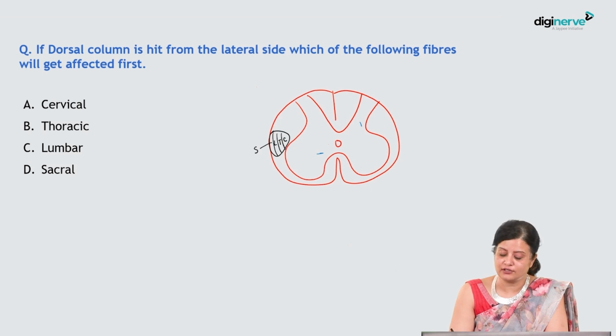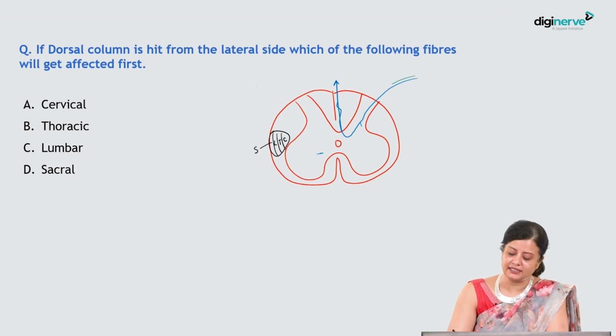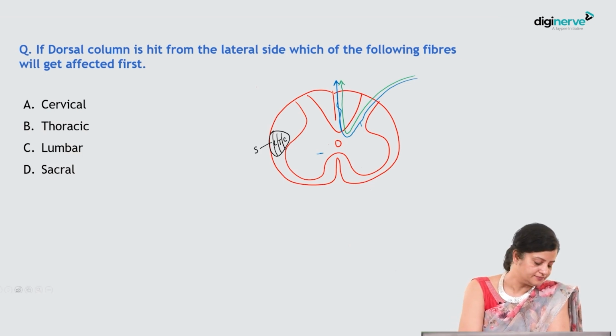Whereas in the dorsal column, the fibers entering at the sacral segment are more medial. The fibers entering at the lumbar segments are more lateral.